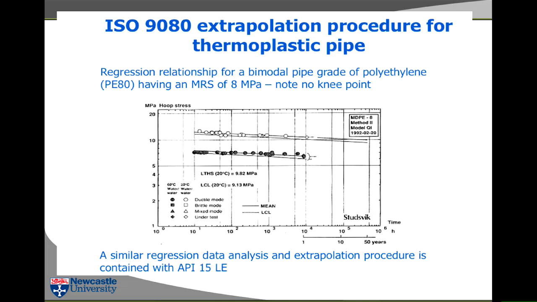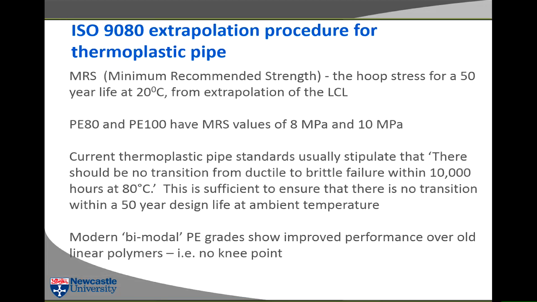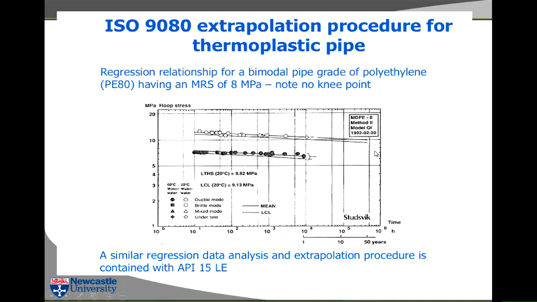So that's the procedure. So remember these things: the MRS, which is the hoop stress for a 50-year life at 20C. So that's just the lower confidence limit here, extrapolated to 50 years. And you can see that that's a PE80 from that.